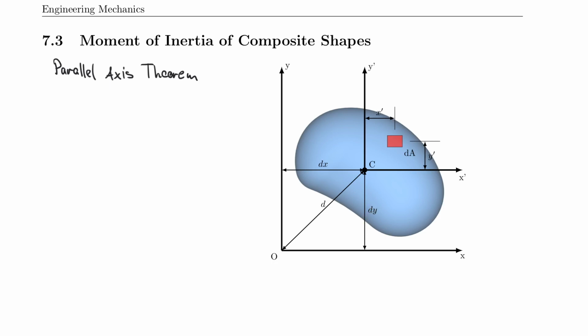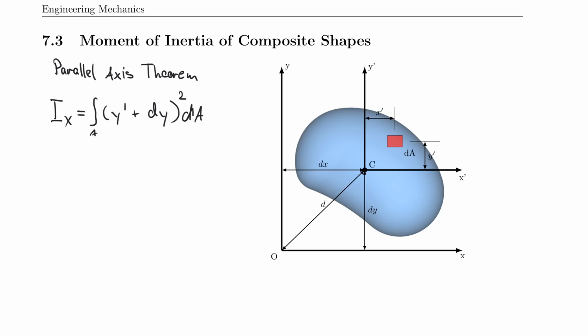So if I now apply my formula from before, remember that my Ix is equal to the area integral of that distance. But what is that distance now? It's y prime plus dy, and then square the whole thing, dA.